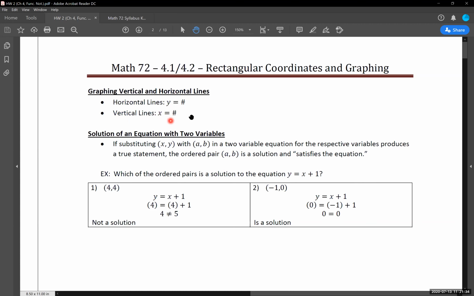So when we are asked to solve or graph the horizontal or vertical line y equals something or x equals something, these 2 cases, we do not actually need to find 2 points for them. We already know what these things are going to look like. We just need to find where I'm putting this on my x-axis or my y-axis, basically.